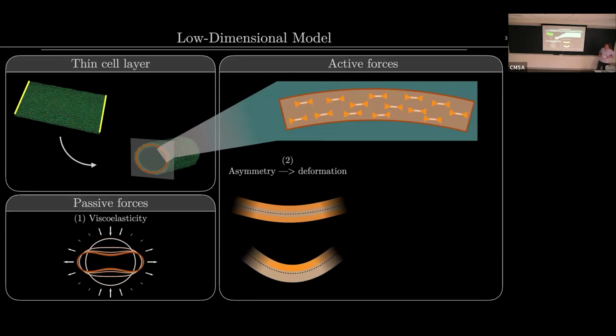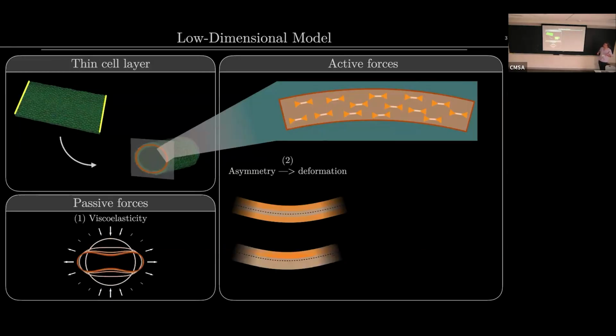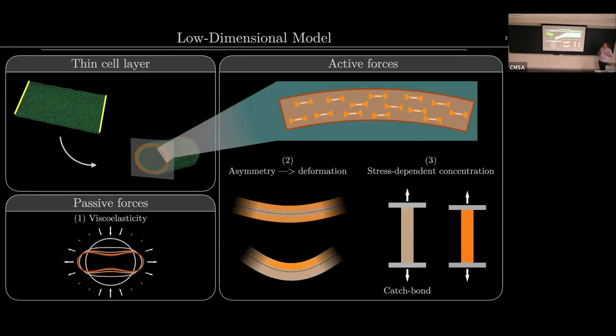And the other property is that this concentration is stress dependent. If you start with some initial conditions and you pull on them, then either you increase the concentration when you apply forces, which is called a catch bond, for example, or you decrease the concentration when you apply forces, which is called a slip bond. That's a modeling choice of which of the two you would like to model, just a sign difference, so we can include both.